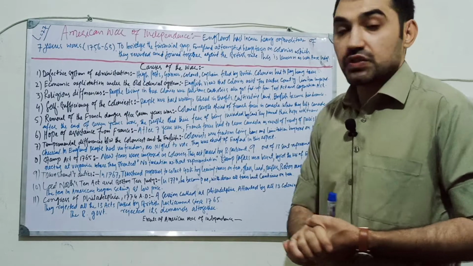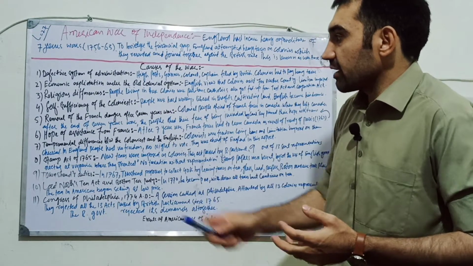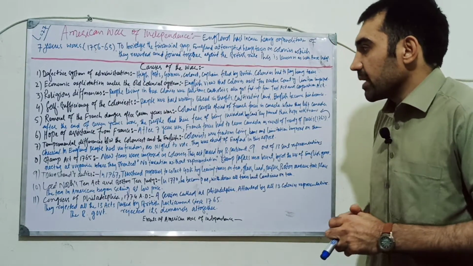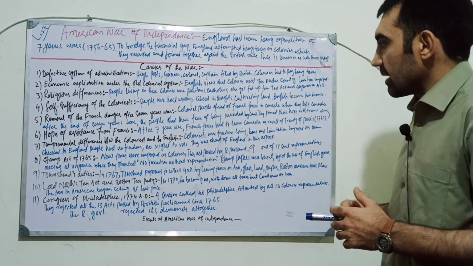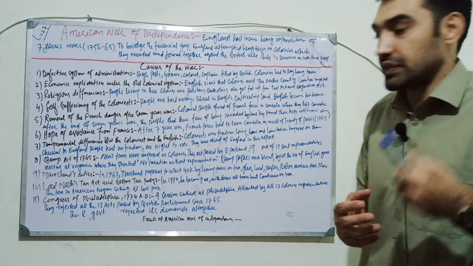The religious differences also become a potential cause for the War of American Independence. Self-sufficiency of the colonists. People were hardworking, liberal in thoughts, cultivating land. English become a hindrance.